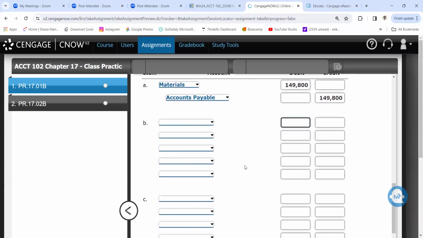Let's see what's happening in B. So I'm actually looking in my book where I don't have to go back and forth. So if you want to look in your book, this is 17-1B. And so now the second transaction is we requisition materials for use.